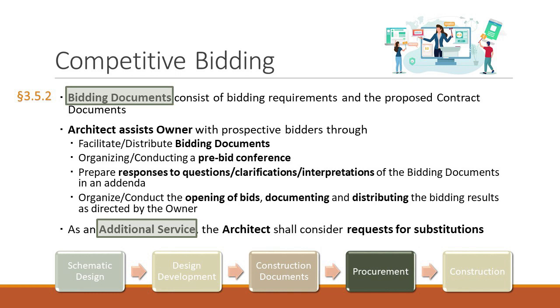Organizing and conducting a pre-bid conference for prospective bidders. 3. Preparing responses to questions from prospective bidders and providing clarifications and interpretations of the bidding documents to the prospective bidders in the form of addenda. And 4. Organizing and conducting the opening of the bids and subsequently documenting and distributing the bidding results as directed by the owner.